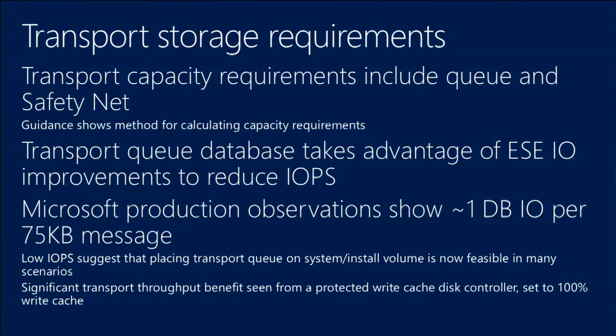Additionally, we also have high availability built into transport. So in transport in 2013, we will actually persist multiple copies of a message on multiple transport components of mailbox servers. And if you stretch your DAGs across multiple sites, we will actually deliver to the alternate site as a storage copy in addition to the local site, so that if you run into a disaster recovery scenario, we actually have copies of that mail in the alternate site that can be redelivered automatically if necessary.